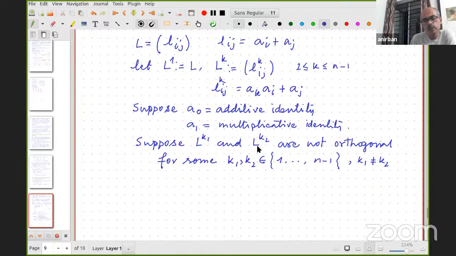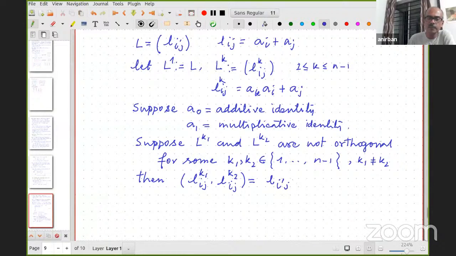So suppose that we have two distinct squares L_k1 and L_k2 which are not orthogonal. Then some pair (i, j) should appear twice, so some i prime and j prime.